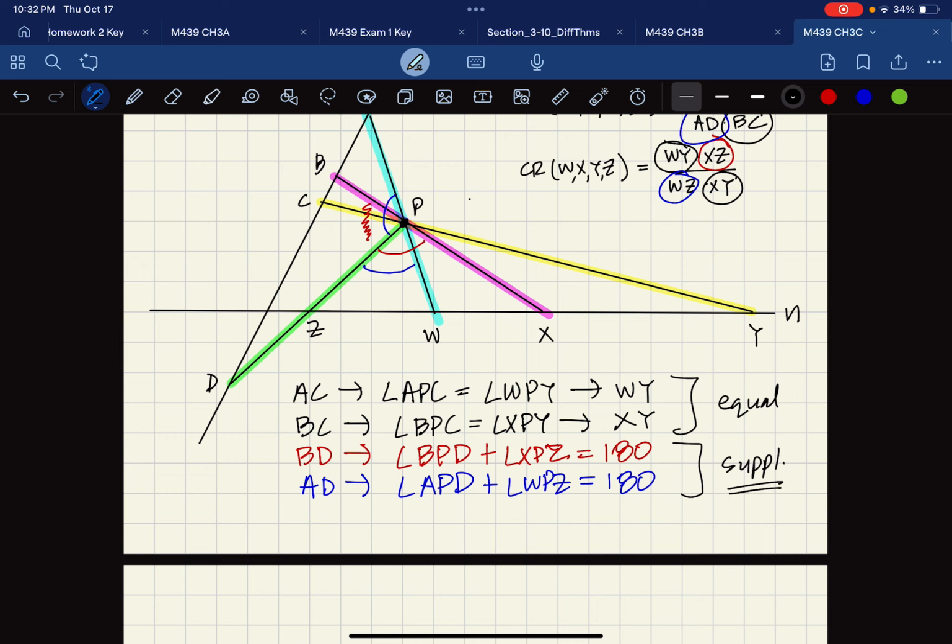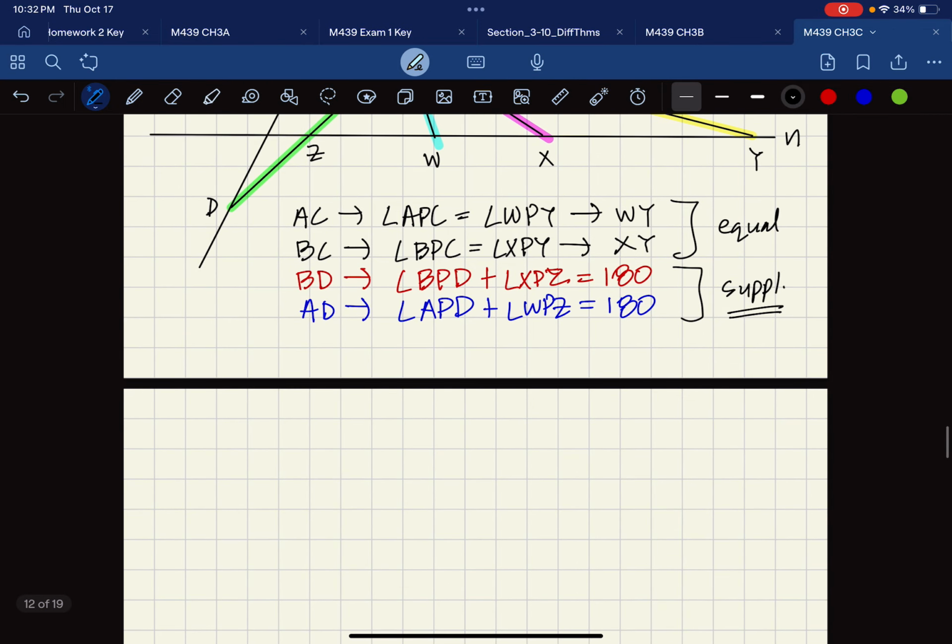So the question is, how could we trade equality for supplementariness, and somehow still maintain some sort of equality? And the answer is this.